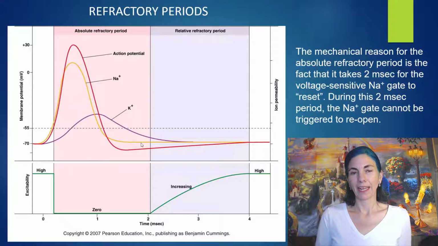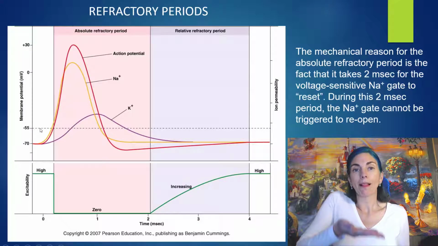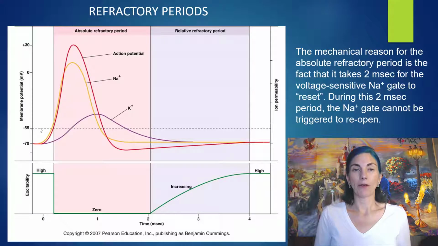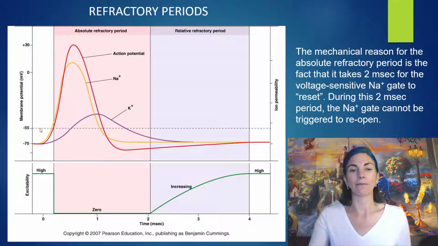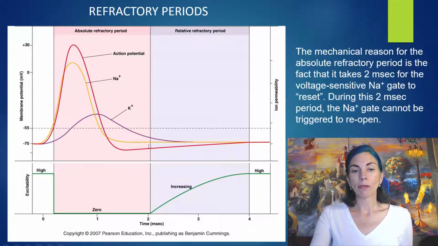Why? Because we have a bigger hill to climb here. When we started our story, we were at minus 70. And so in order to get to minus 55, we needed a plus 15. In other words, we needed enough depolarization to bring us up by 15. But here at the 2 millisecond mark, we're hyperpolarized.